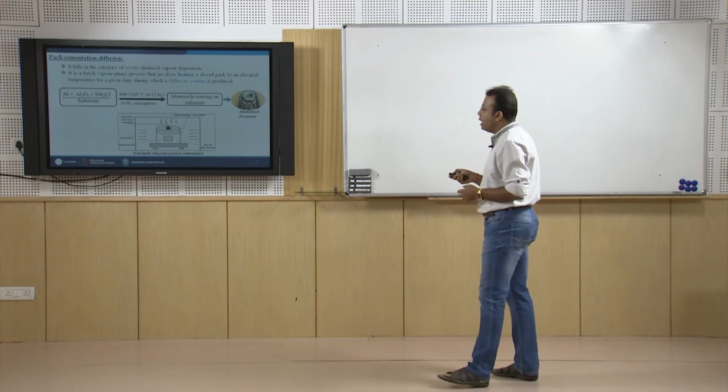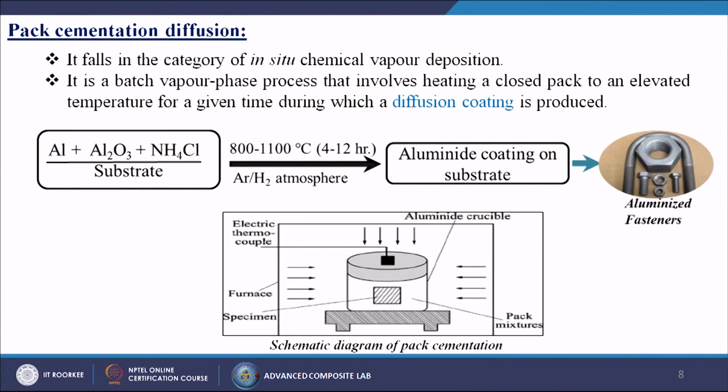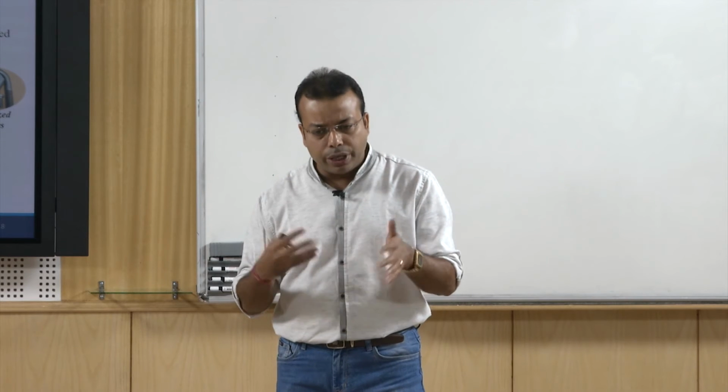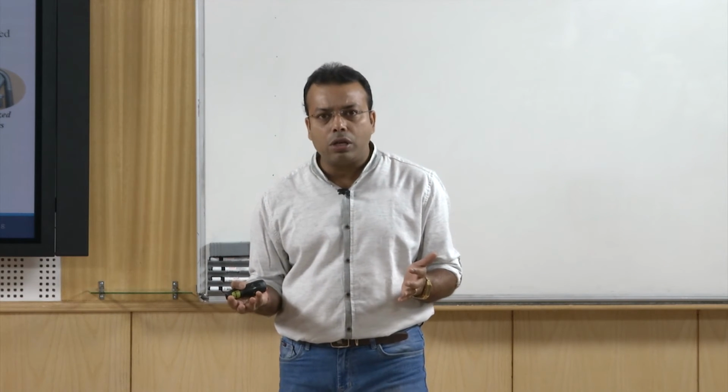Here we are using alumina and NH4Cl. We keep all of these onto the substrate, then give a temperature from 800 to 1100 degrees centigrade for around 4 to 12 hours in an inert gas atmosphere, or sometimes we can use an argon and hydrogen atmosphere also.